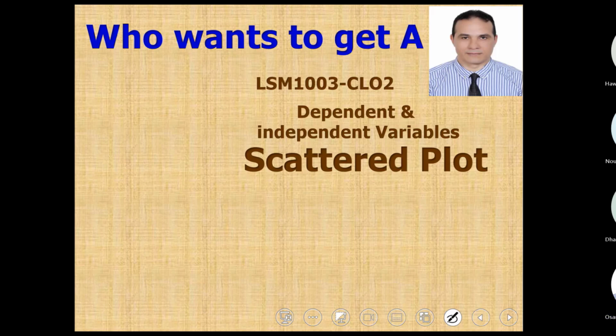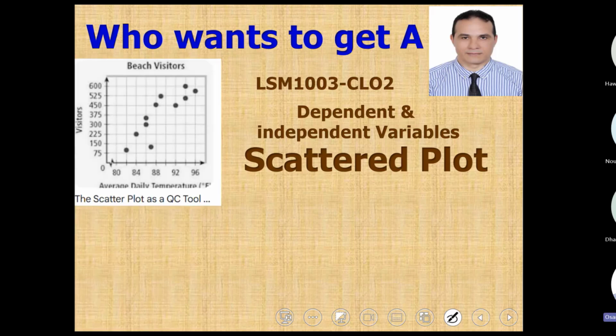Okay. So this is what we call a scatter plot. Most of the time you plot the independent variable with the temperature, for sure in Fahrenheit. If it is in Celsius, it will be a big problem, right? So the independent, the changeable one, is the temperature.